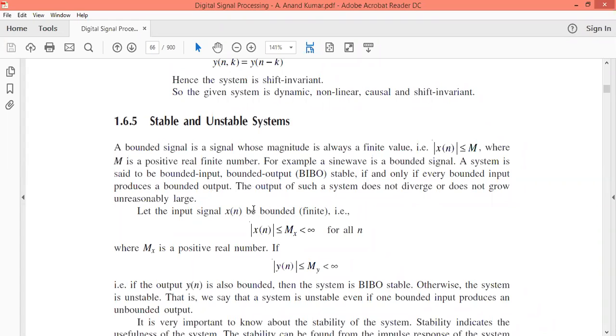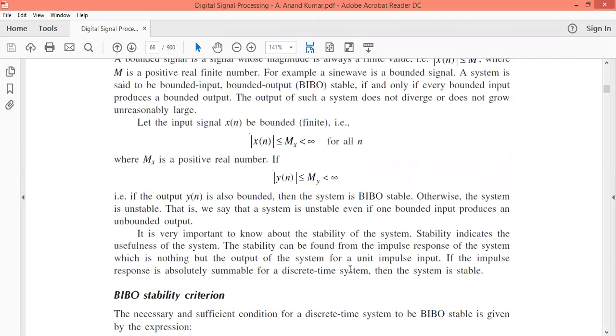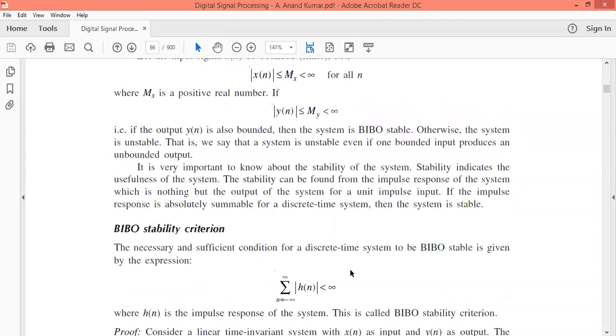If you apply the input with mod x of n less than or equal to mx, some finite value less than infinity for all n, then mod y of n should also be less than or equal to some magnitude my, where my is less than infinity. Then the system is said to be a bounded input and bounded output system.